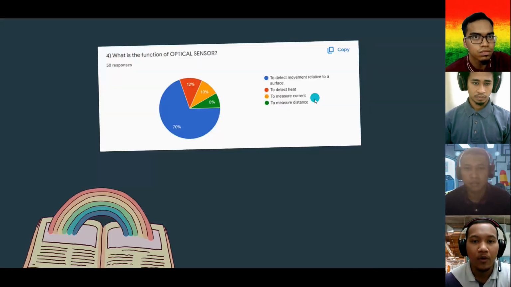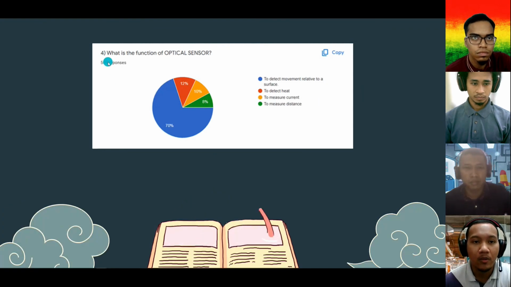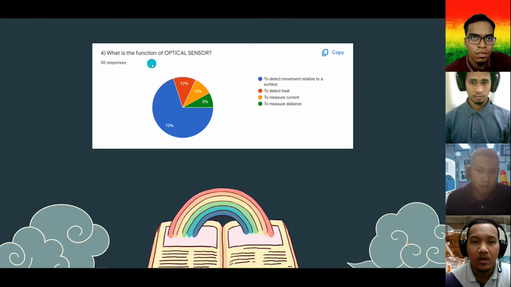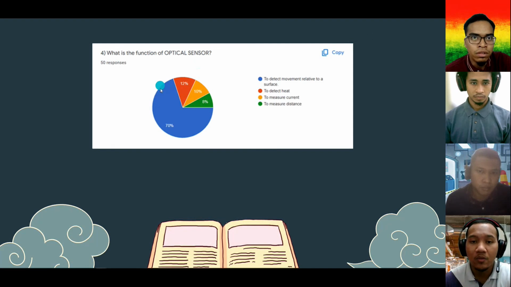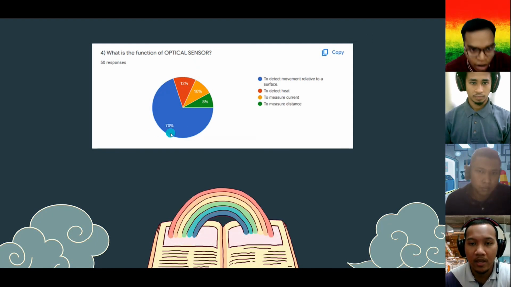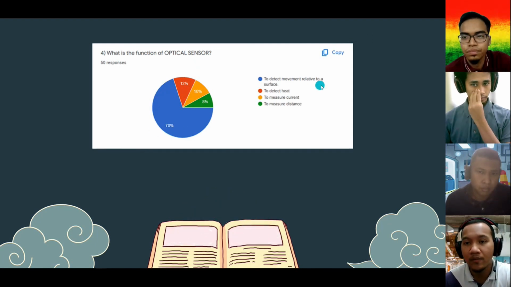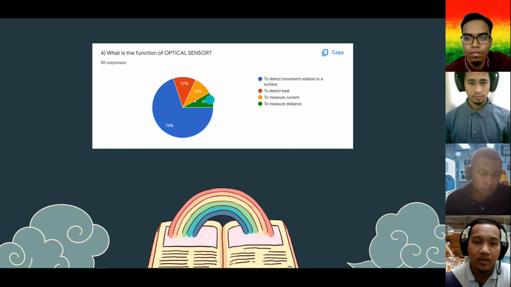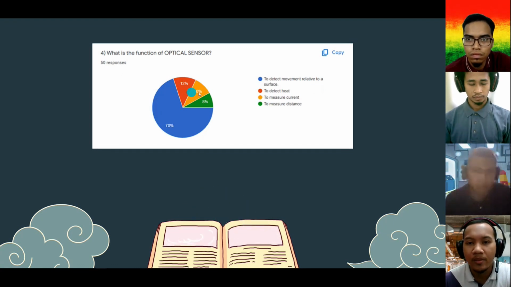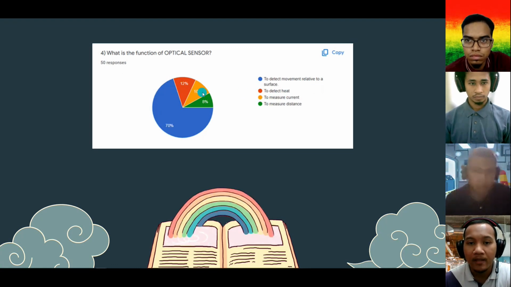Next is question number 4: what is the function of the optical sensor? Mostly the answer, 70%, is to detect movement relative to a surface. Then 12% said to detect heat, 10% to measure current, and 8% to measure distance.